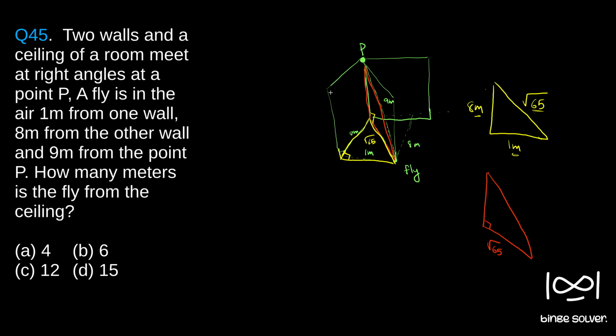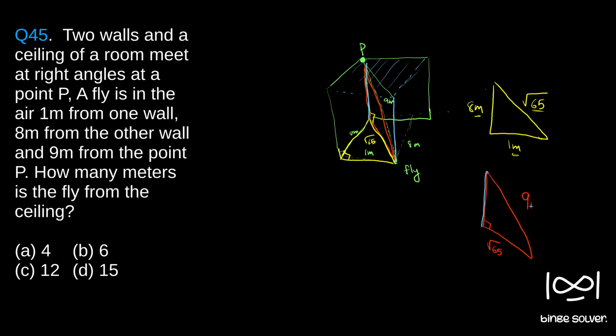If you remember, I'll just draw once more. This is the ceiling, right? So distance of P from the ceiling is nothing but this distance. This distance is same as that distance. So we need to find this only.